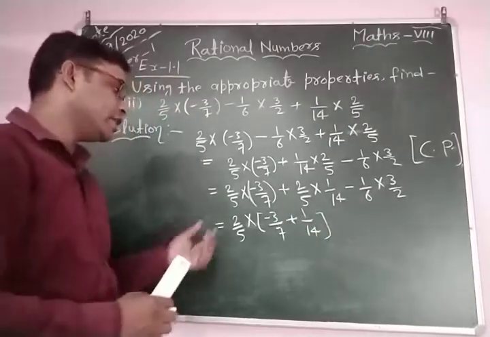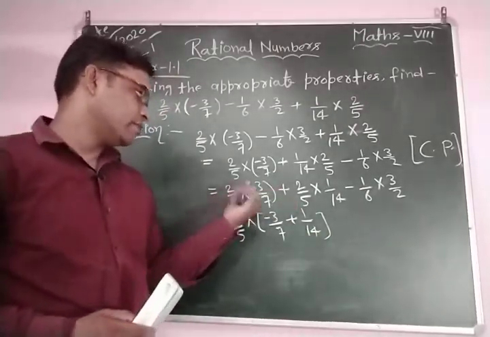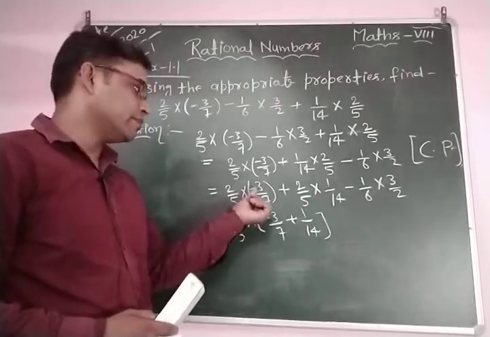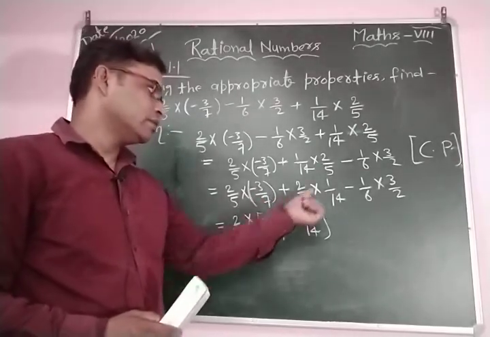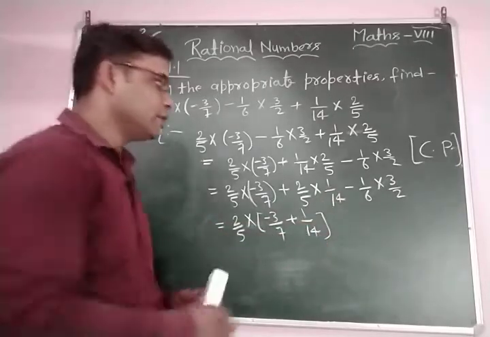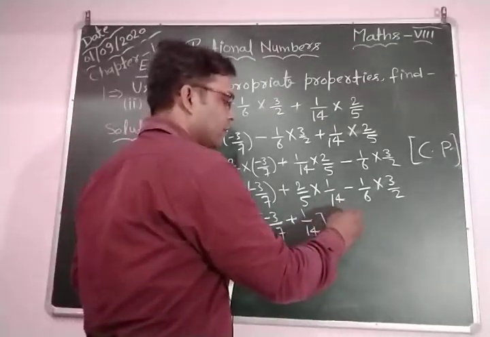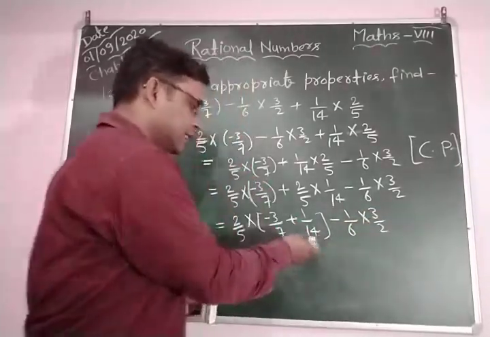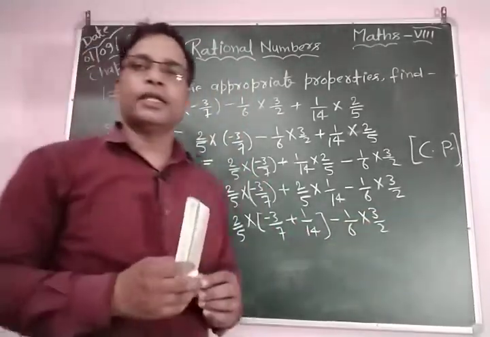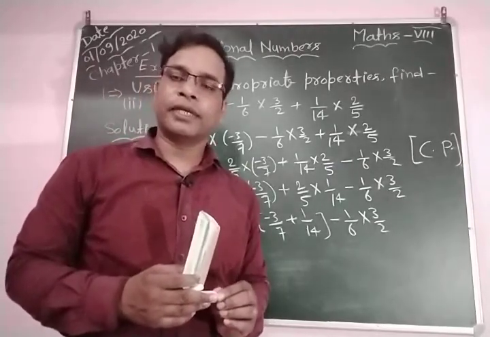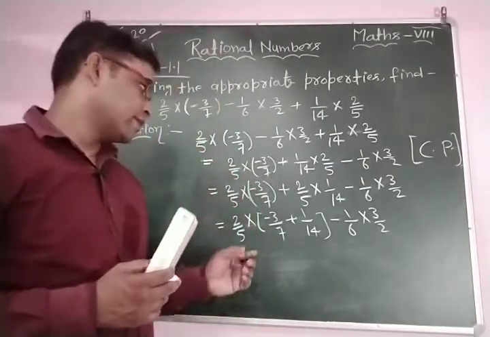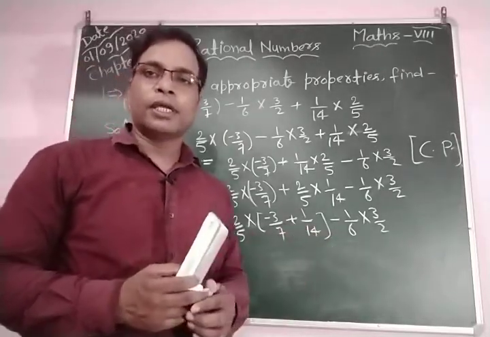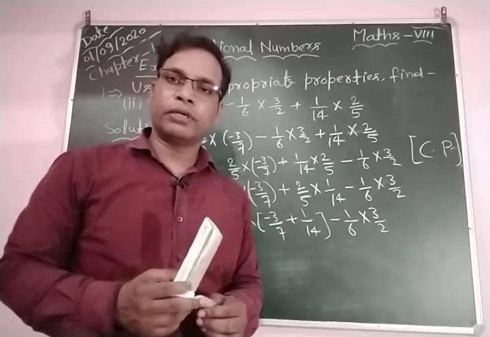If you take common 2 by 5 from here and here, we can write 2 by 5 into minus 3 by 7 plus 1 by 14 here, and after this we write here 1 by 6 into 3 by 2. This property is called the distributive property of multiplication over addition.